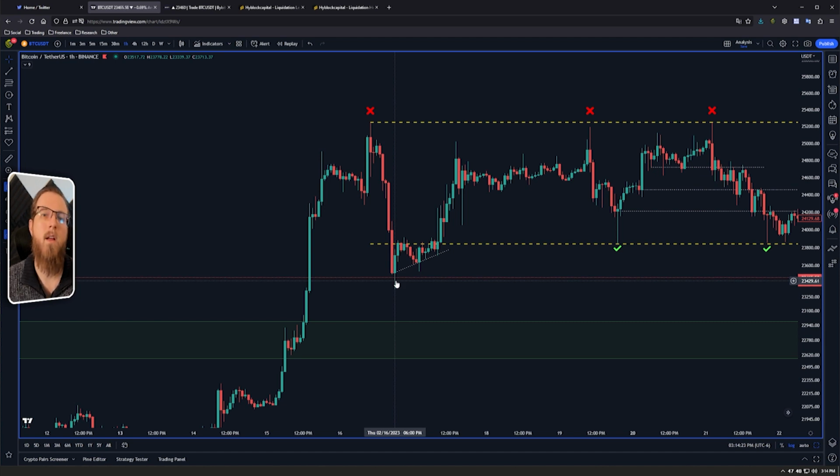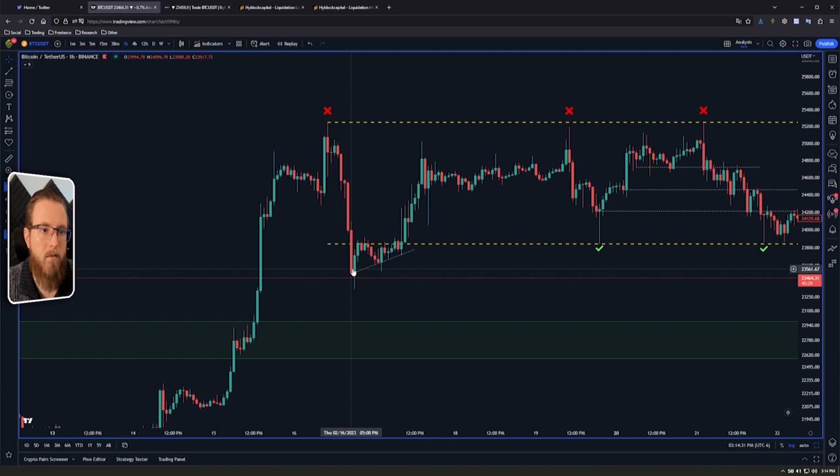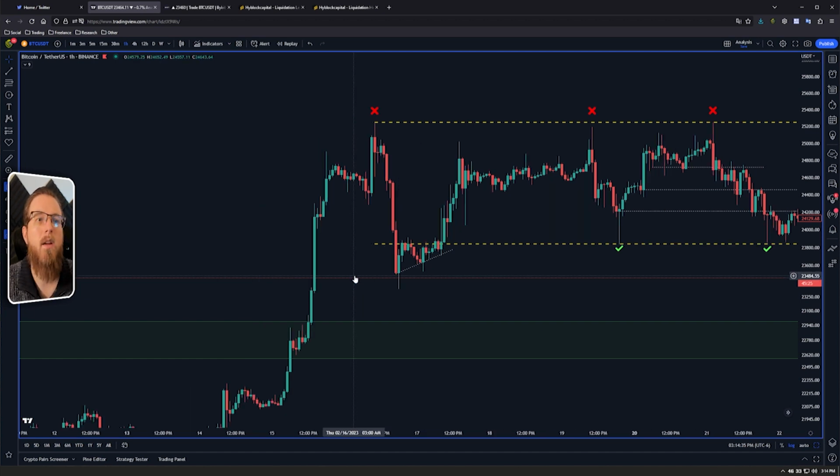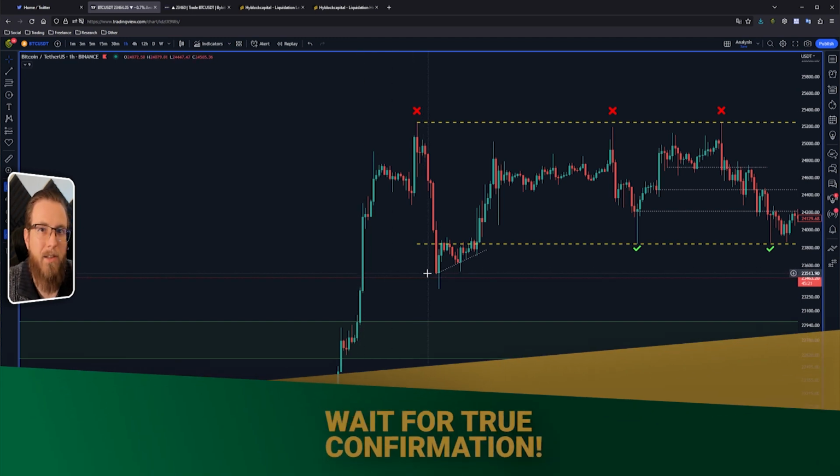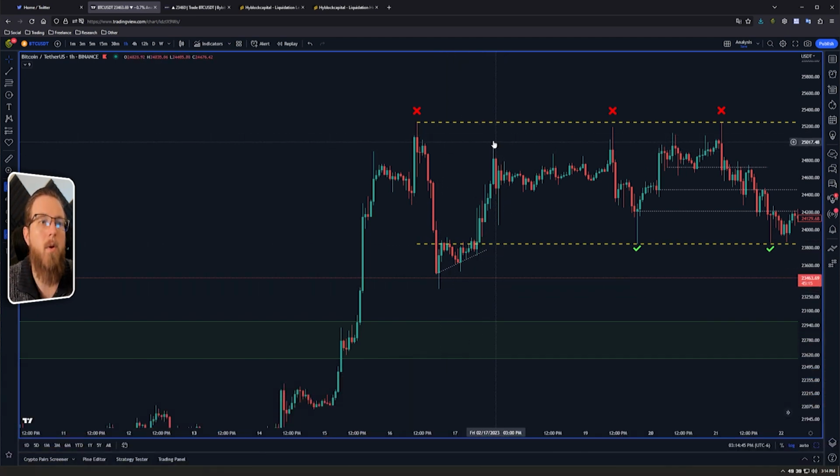Okay, so after you're already in a trend, it really only takes like this one lower low to confirm that, okay, the trend is probably changing. However, you normally want at least one of each, right? So this was our first lower low, and then on our bounce back, we got a lower high.